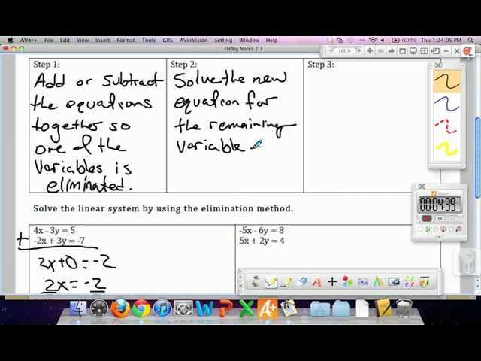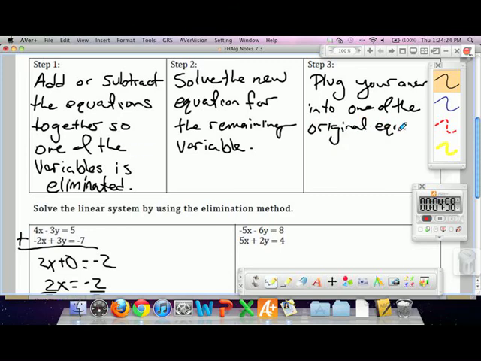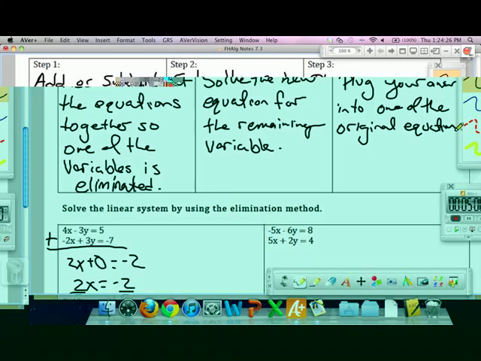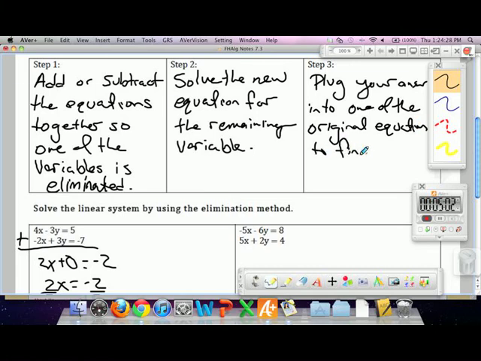The last step is plug your answer into one of the original equations to find the other variable.